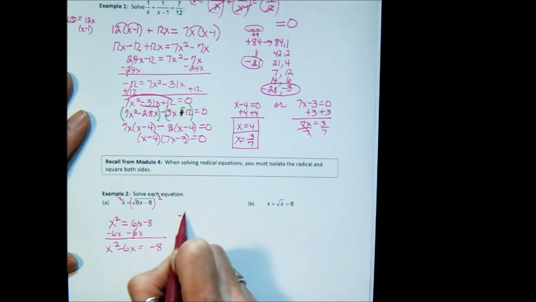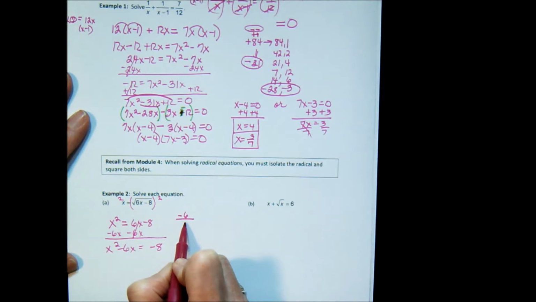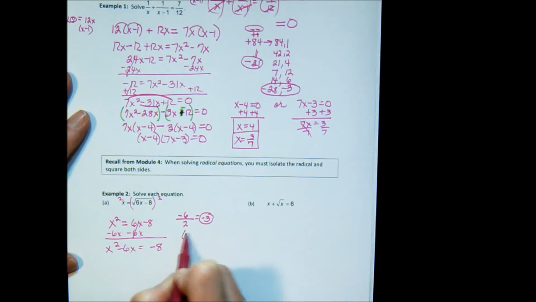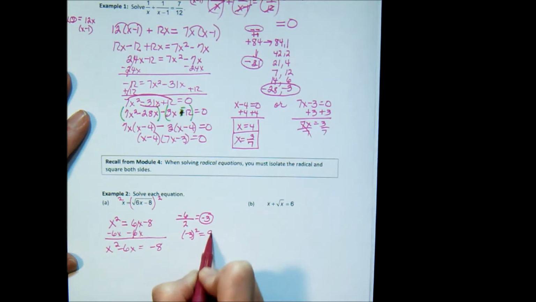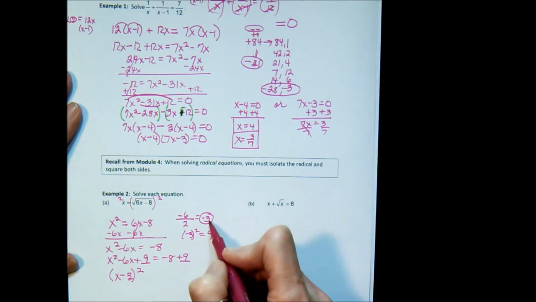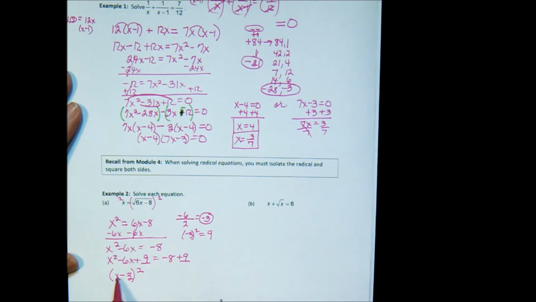I take that middle coefficient, divide it by 2, square it, and add a 9 to both sides. That's that magic number that we talked about before. By doing that, I forced the left-hand side into being a perfect square, and it's x minus 3 squared. If you factor that, that's what you get.